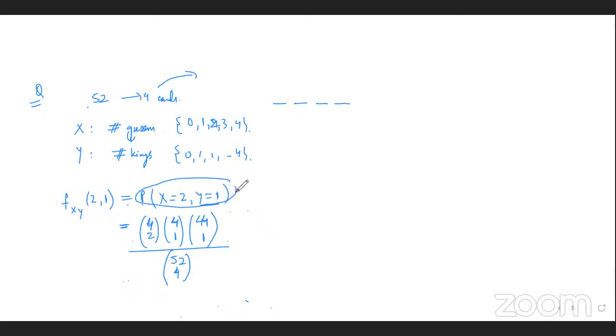There are 4 queens, so 2 cards can come from there, 4 choose 2. Out of 4 kings, 1 king should be there, so 4 choose 1. But 2 plus 1 only makes 3 cards, right? There is 1 more card left, and that should come from the remaining 44 cards. Okay, ma'am, got it.